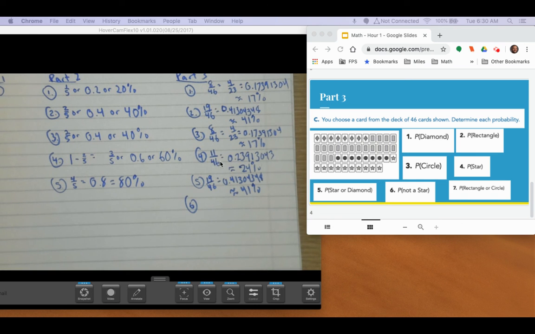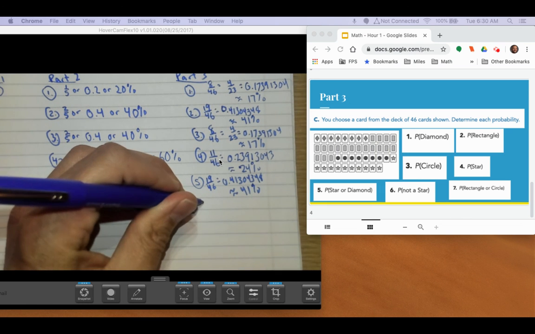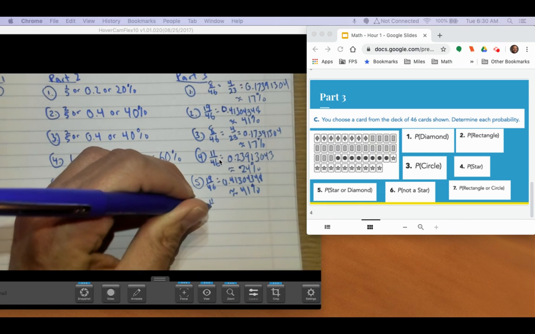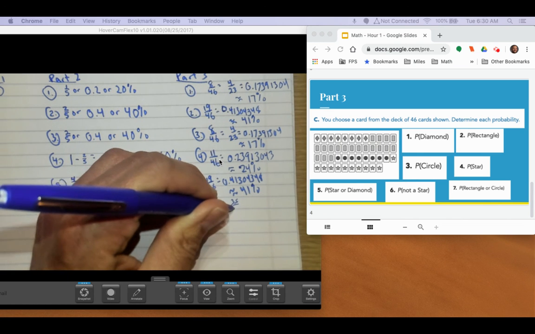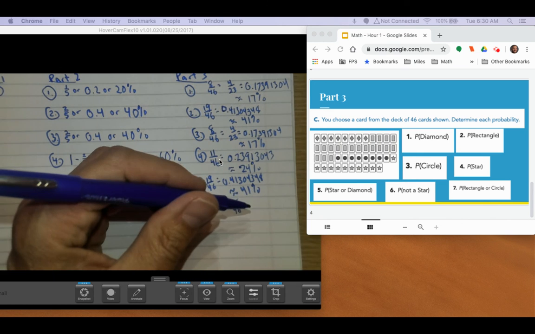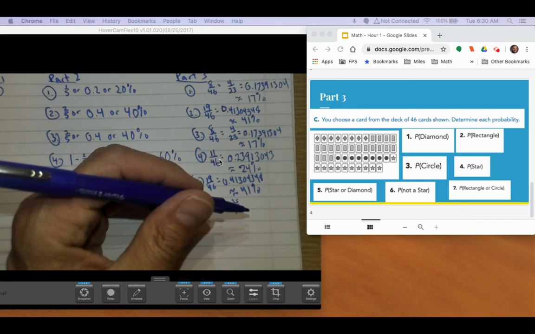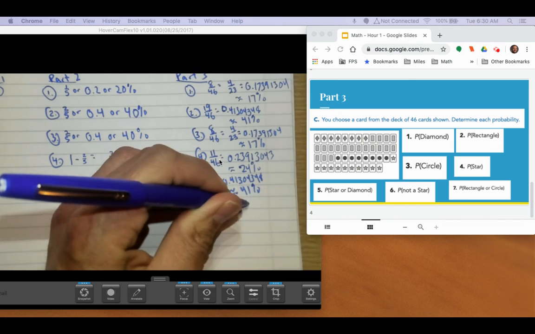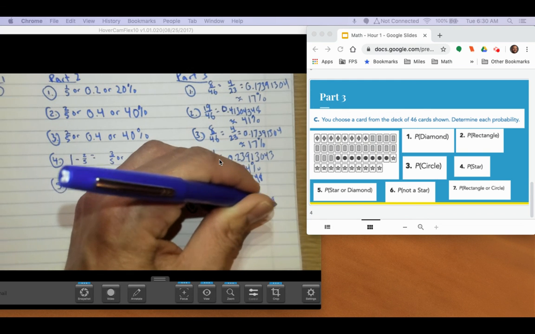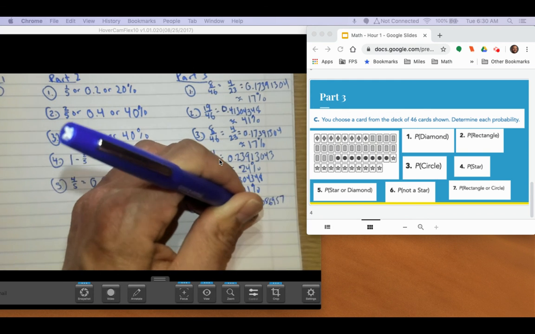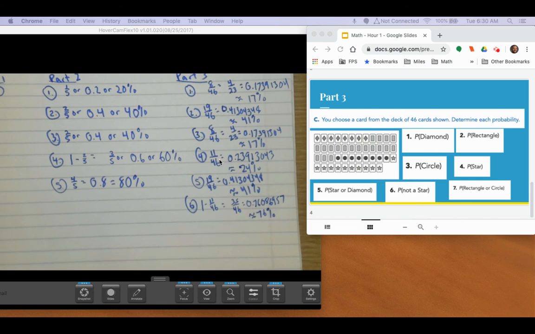Not a star. Well, a star was 11 out of 46. So I would have taken 1 minus 11 out of 46 to get 35 out of 46. And then 35 divided by 46 would give me about 76%.